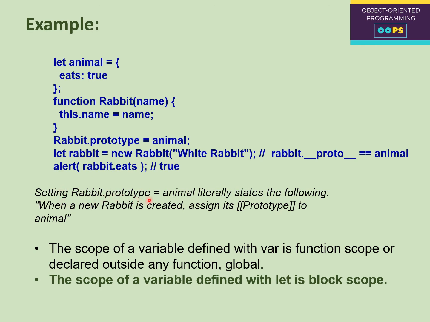Setting Rabbit.prototype = animal literally states the following: when a new Rabbit is created, assign its prototype to animal, which means that whenever a new Rabbit object is created, this object has the property eats. Clear?